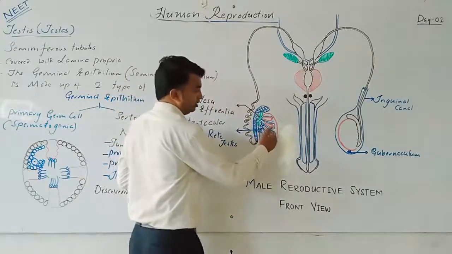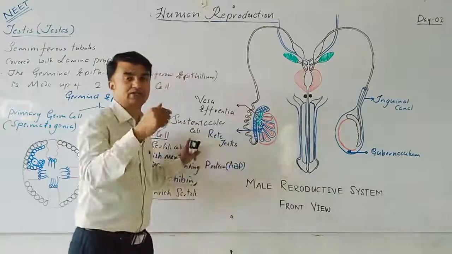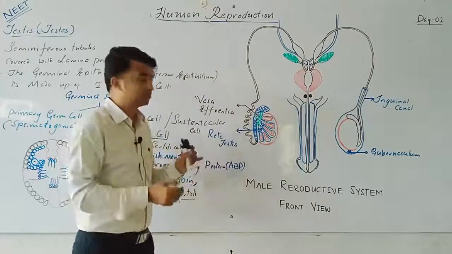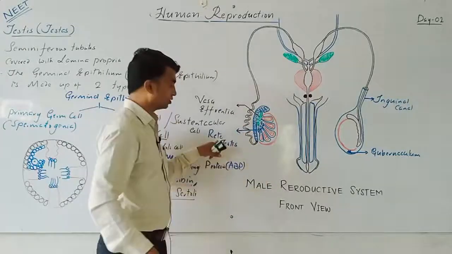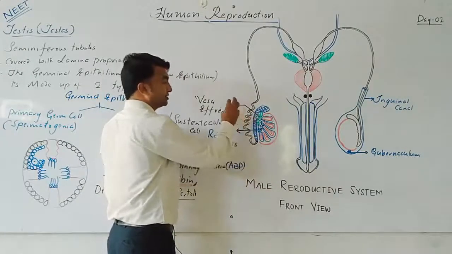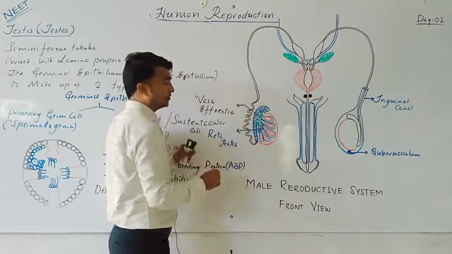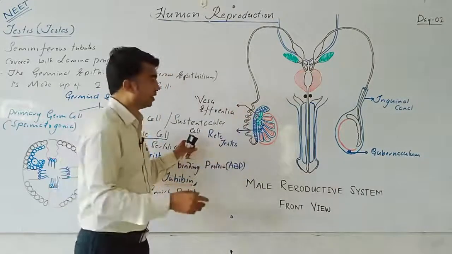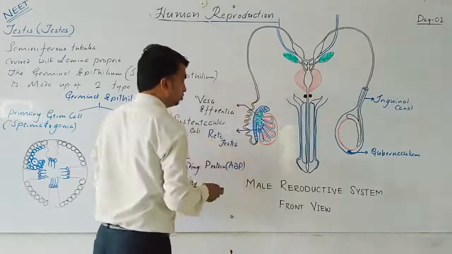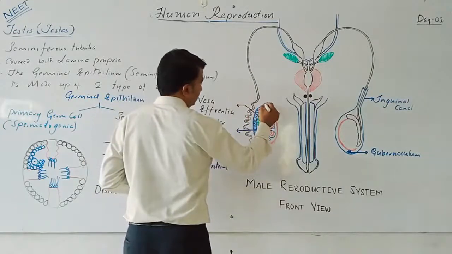Initially, the seminiferous tubules are straight structures, called tubuli recti. Gradually they become an irregular network of tubular structures, that is called the rete testis. The rete testis collectively forms almost 10 to 20 vasa efferentia, and they open into one more complex structure, that is the epididymis.